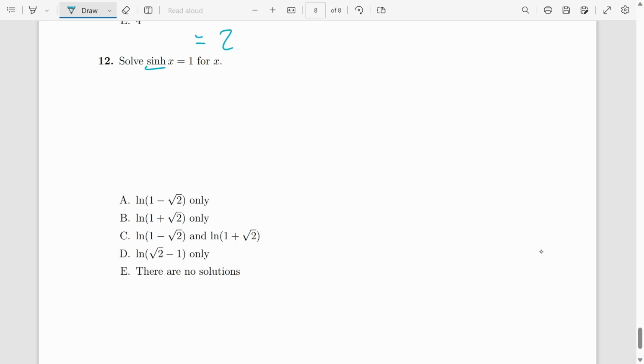So solving for x, you could probably guess we just take the inverse sine of both sides. Because inverse sinh of sinh of something just equals the original something. So this just means x equals inverse sinh of 1.